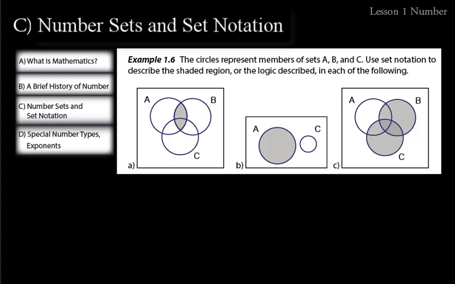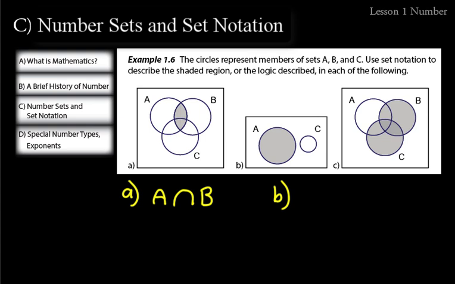In example 1.6, the circles represent the members of sets A, B, and C. So use set notation to describe the shaded region or the logic described in each of the following. So starting with A there, we see a set A, a set B, a set C. Hopefully you can see there that the intersection of A and B is represented. Even though there's a set C there as well, that's the main thing that's represented there, the intersection of A and B. And then in B, we have set A shaded, nothing in set C, so no union or intersection is represented there.